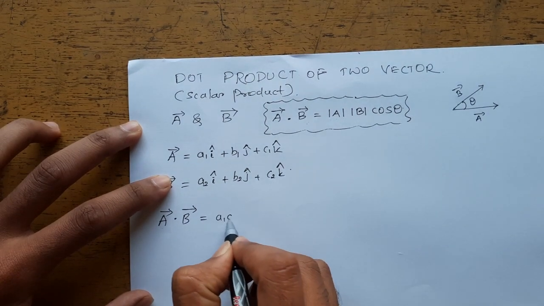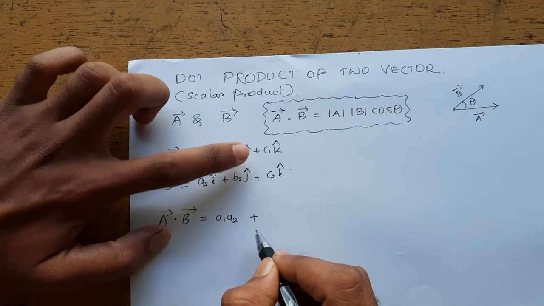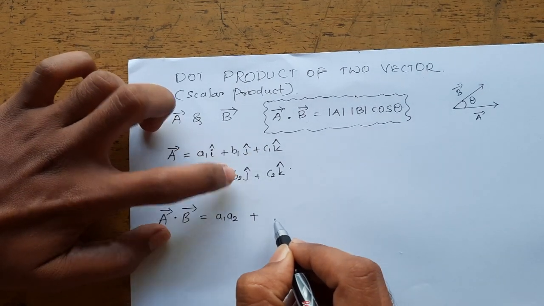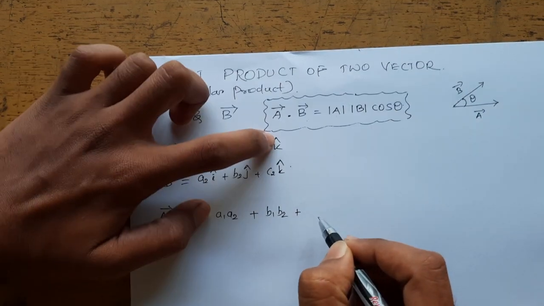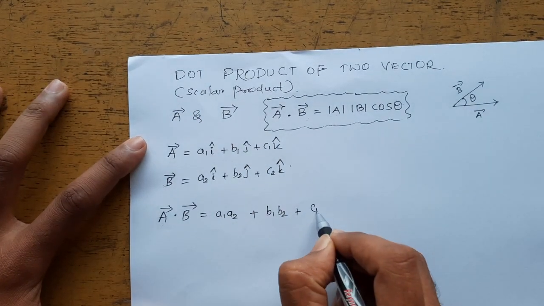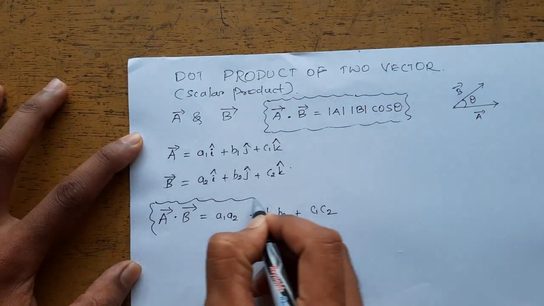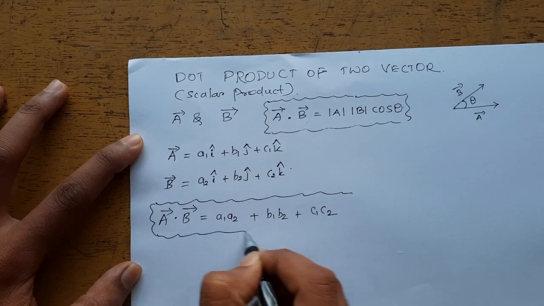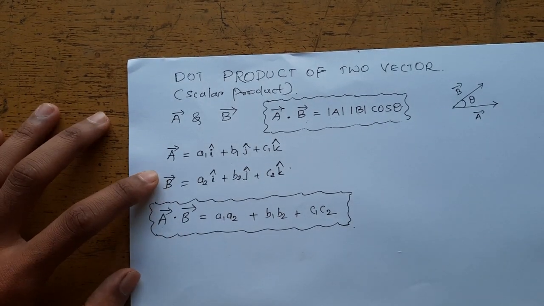So A1 into A2 plus j dot j is 1, B1 into B2, plus k dot k is 1, C1 into C2. So C1 into C2. This is another formula for doing dot product if they have given numerical values.